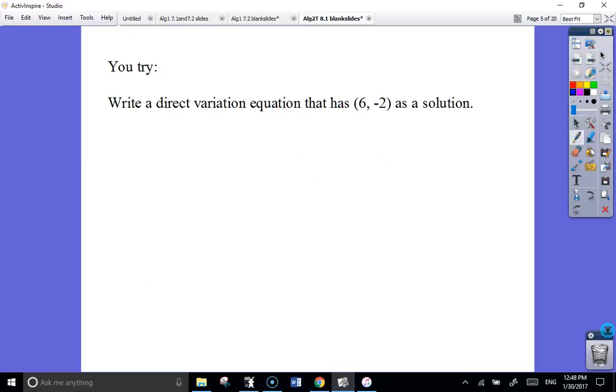Okay, so try to write the direct variation that goes through the point 6, negative 2. So what did k equal?